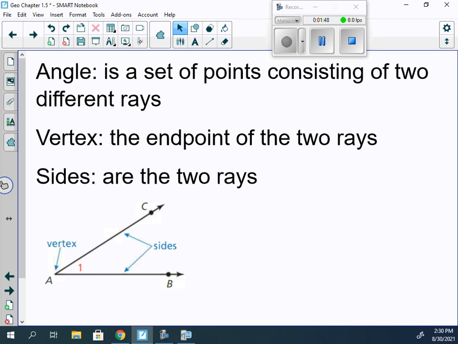The vertex is the endpoint of the two rays, and the sides are the two rays. Now, there are three different ways that we can name an angle. We'll look at those in a second.